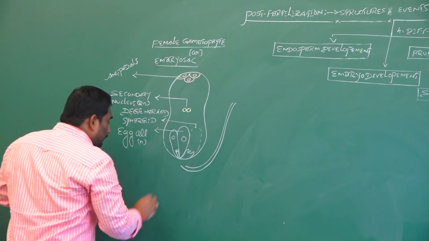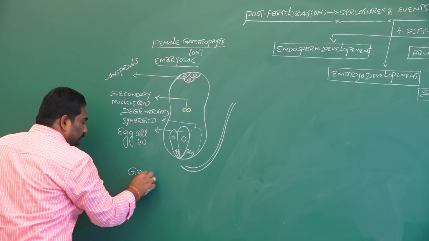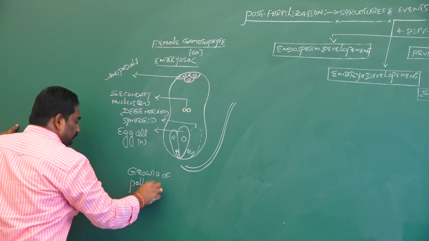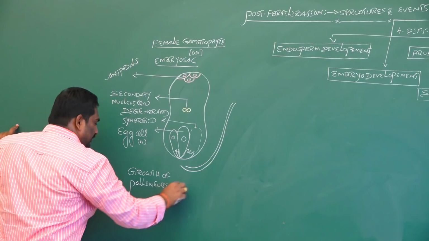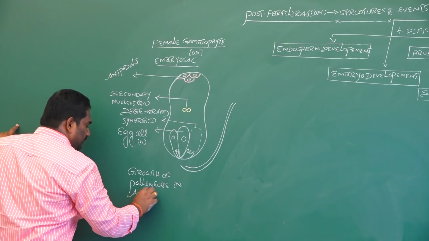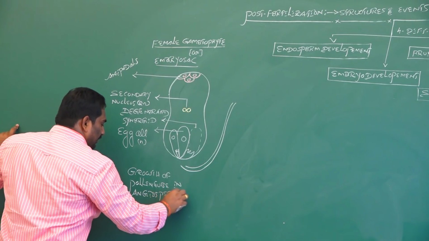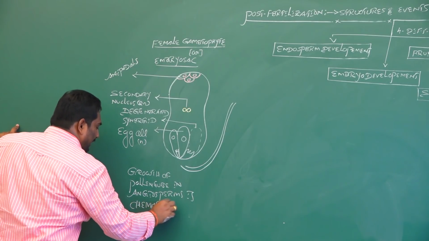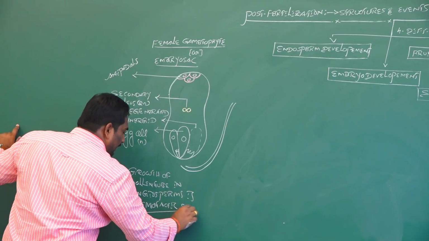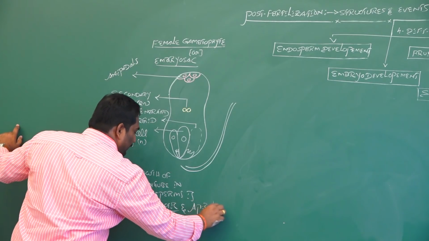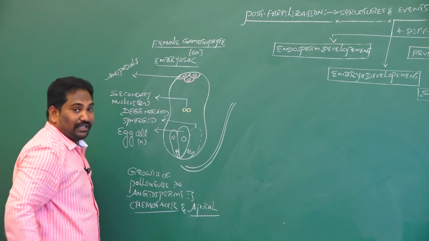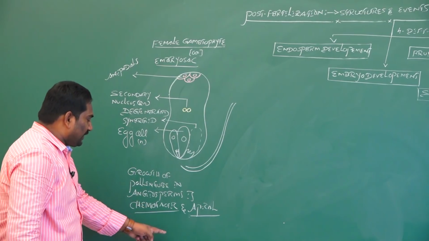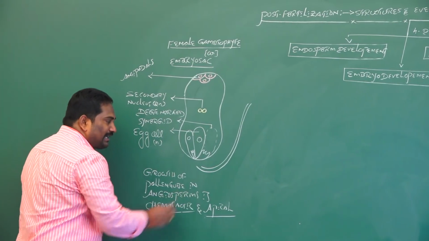So that's why the growth of the pollen tube in angiosperms is chemotactic and apical. That means from the apical part of the micropyle. The growth of the pollen tube in flowering plants during fertilization is chemotactic and apical.